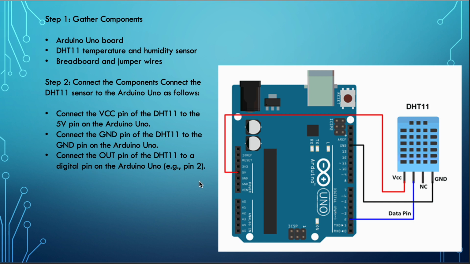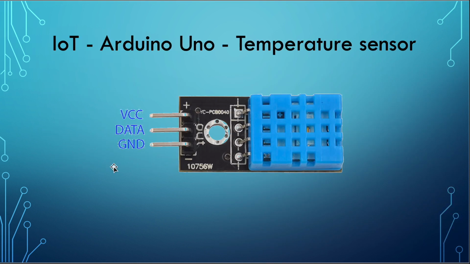So here, if you buy this sensor or any other type of sensor, you should check the data sheet from the manufacturer itself. It is very important. Why is it important? So we will have an understanding of each pin, right?